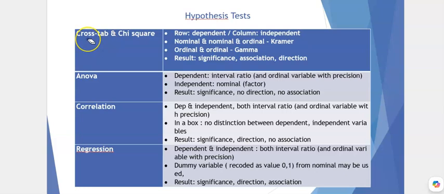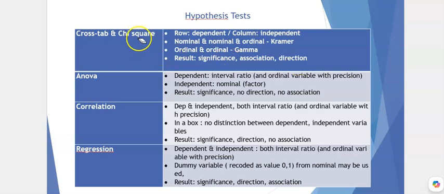You can run the cross-tab, but when you run the chi-square, you will know the significance value, the p-value, and the association, that is Cramer's V or gamma. These are the values of your association, how closely they are related. And then direction, that is about whether they are negatively or positively related.